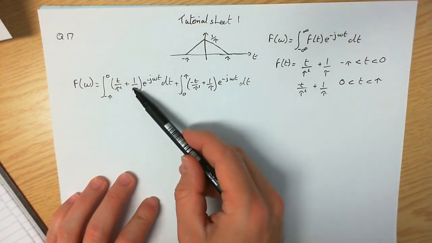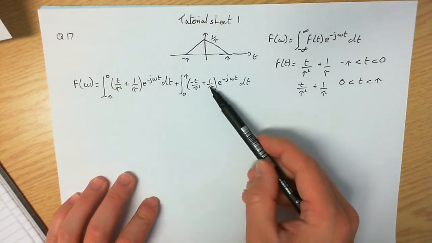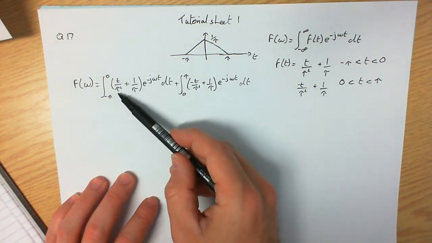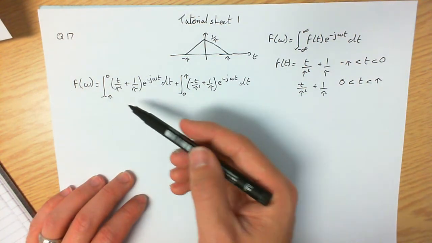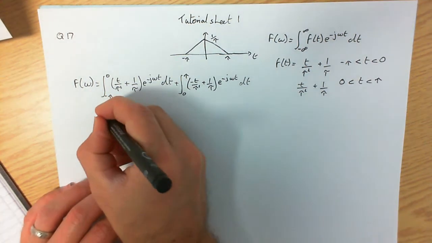Well, if we multiply this out, we have various common terms. For instance, we have 1 over tau here, and we've got t over tau squared in both cases. So we can actually multiply this out and put all the common parts together.